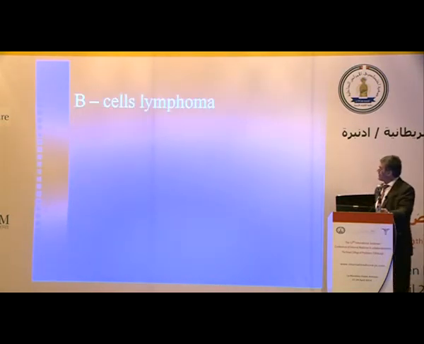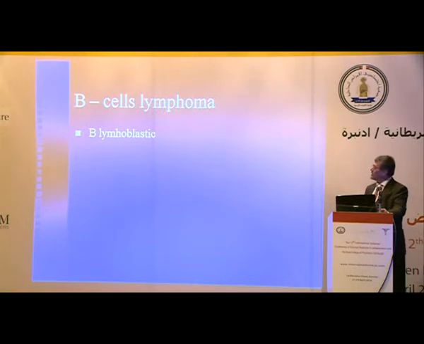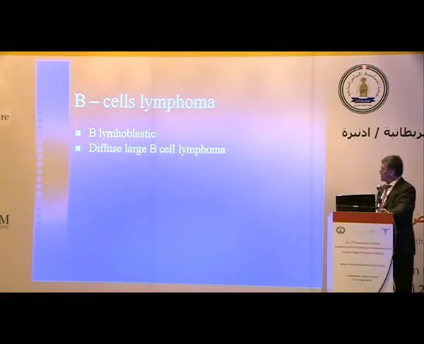If we take B-cell lymphoma and look at this basket, it's really a lot of things. I don't want to talk about every particular disease, but I want to show you how many types we have dealing with lymphoma. The first one is the B-cell lymphoblastic lymphoma. The second is the diffuse large B-cell lymphoma, and this is considered the most common type of lymphoma worldwide.